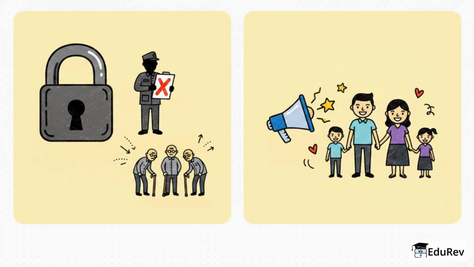Back in 1979, China feared severe resource shortages, so they implemented a strict one-child policy, using fines and job losses to enforce it. Their fertility rate plummeted, sure, but it caused a severe aging crisis and weakened family networks. Meanwhile, India took a totally different approach.